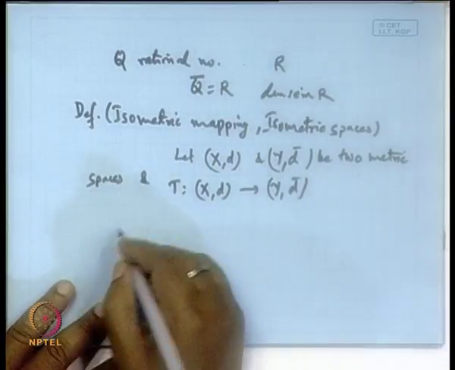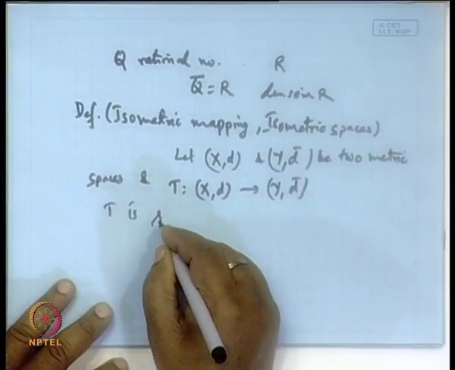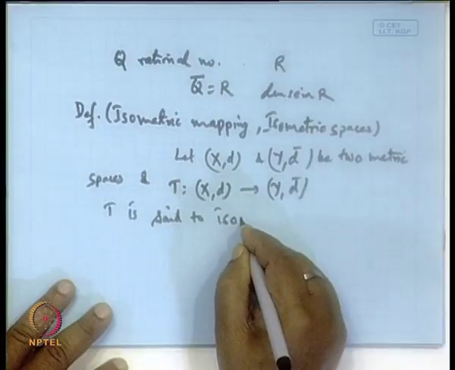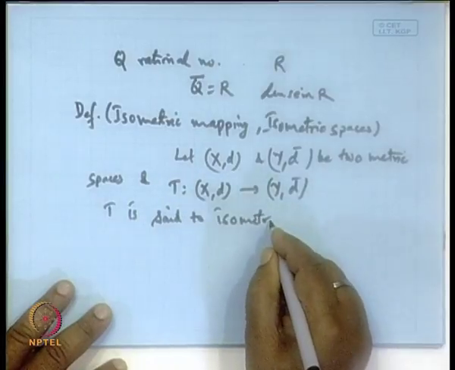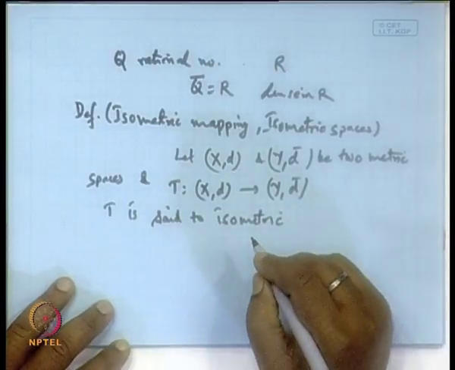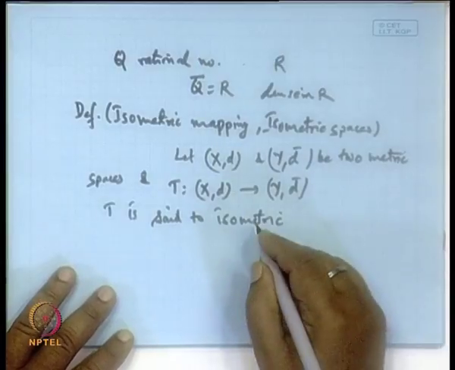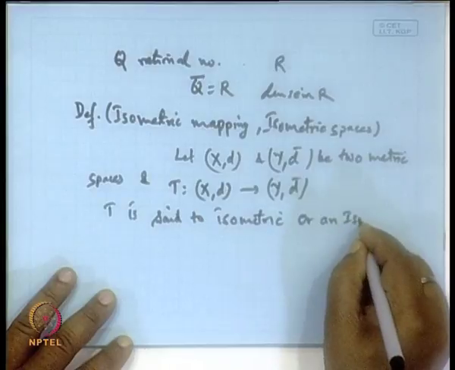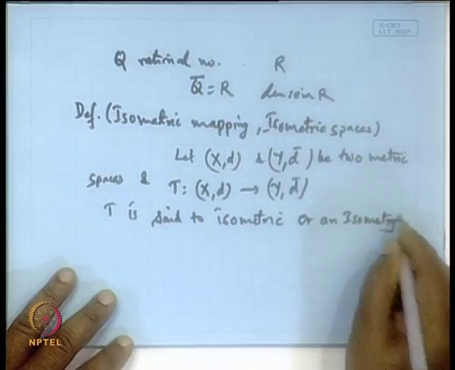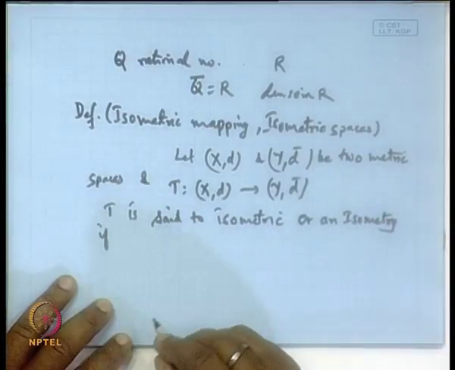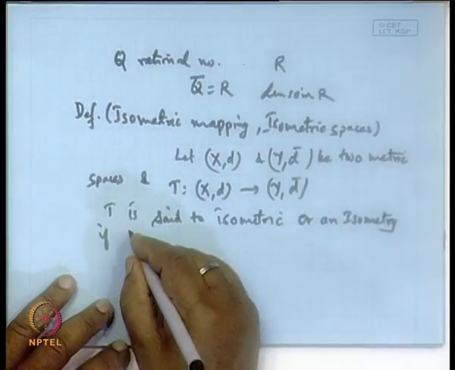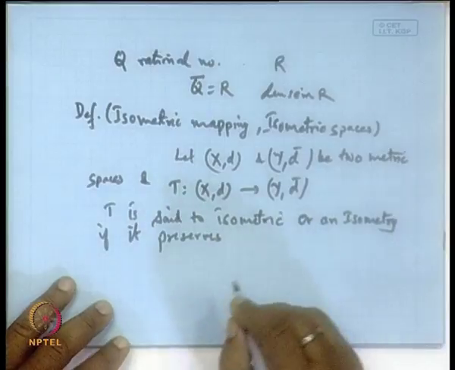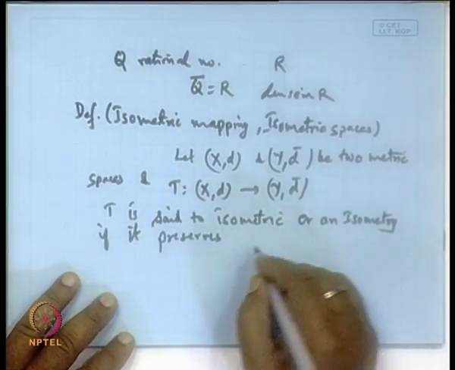Now, this mapping T is said to be isometric, or an isometry, if it preserves the distances.